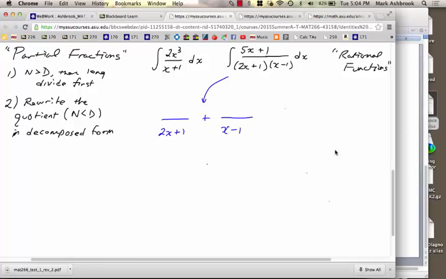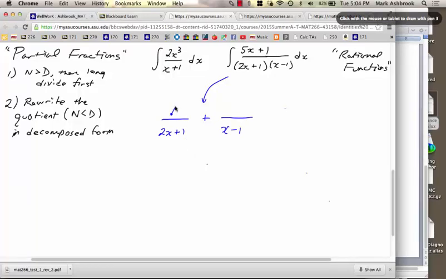Okay, and so we want to account for the most general polynomial that's 1 degree less than that for the numerators. So what power do we have here? This is to the first power, right? So then if we take 1 degree less than that, it's to the 0th power, or just a constant.